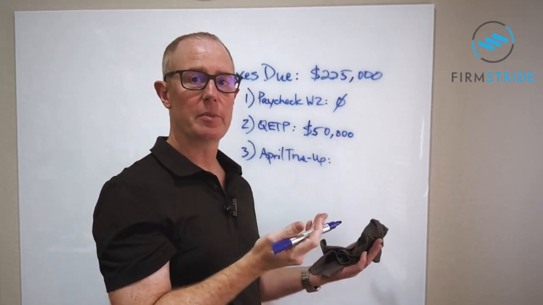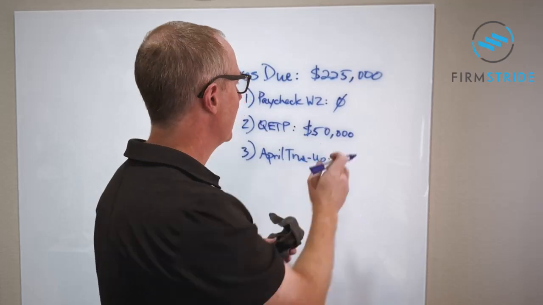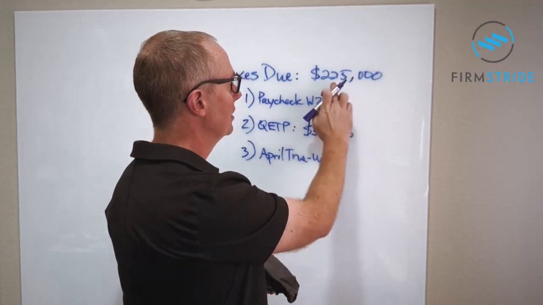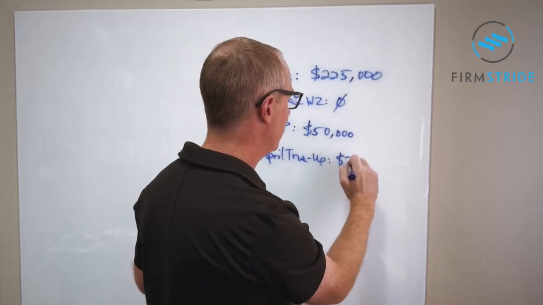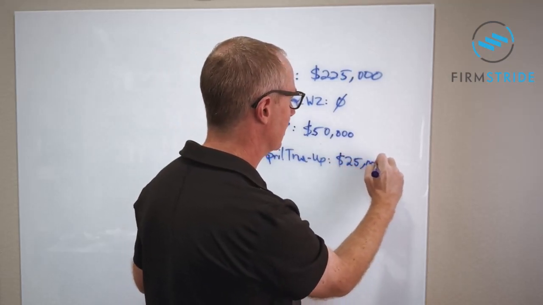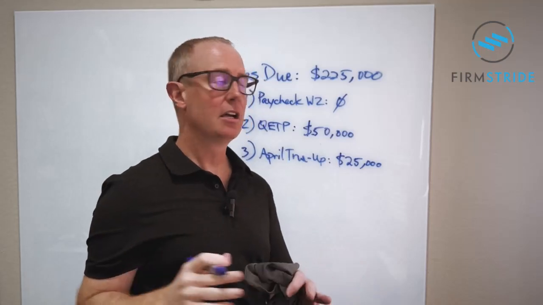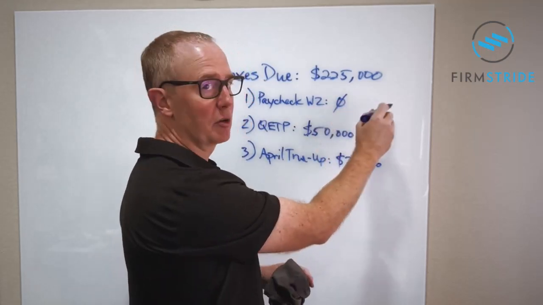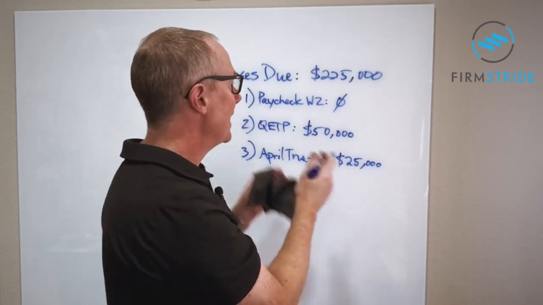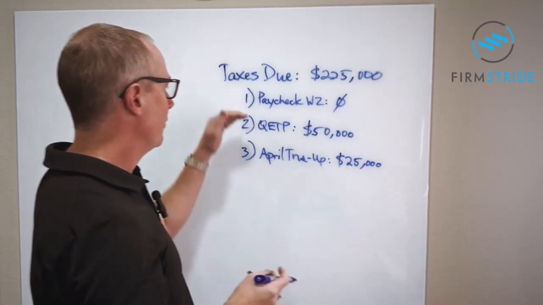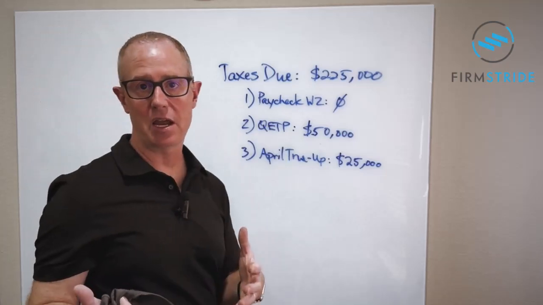This is perfectly legitimate, because what will happen is I've now paid in $200,000. I owe $225,000, so my April true-up is now $25,000. And you get to decide how much you want to pay through your paycheck and how much you want to do for your quarterly estimated tax payments. So that's the basic concept of the 3 ways that you get to pay your taxes.